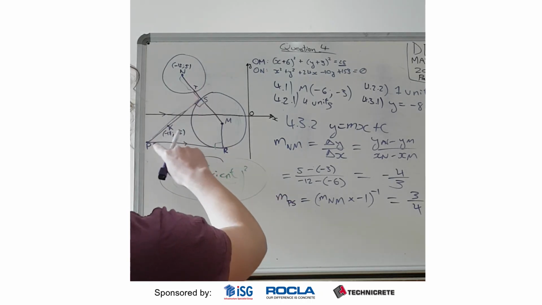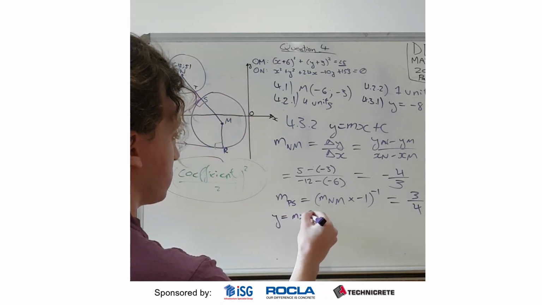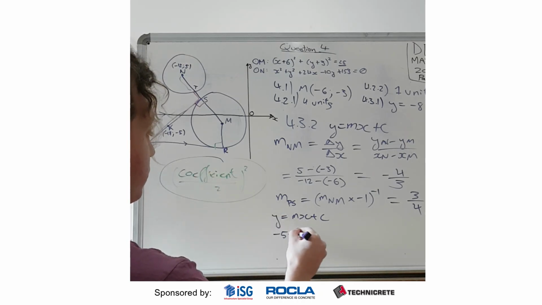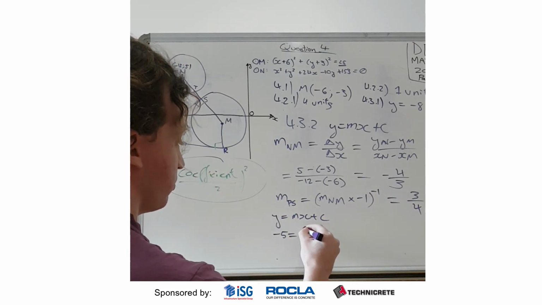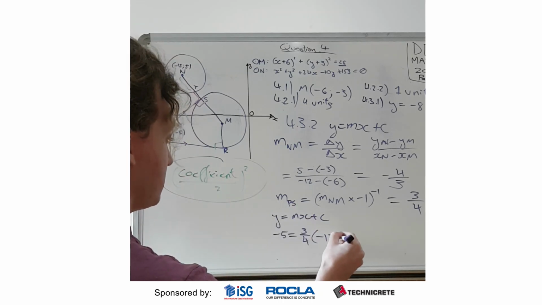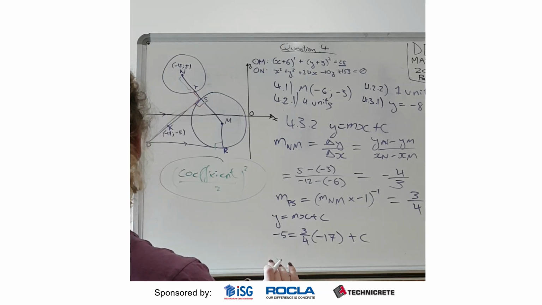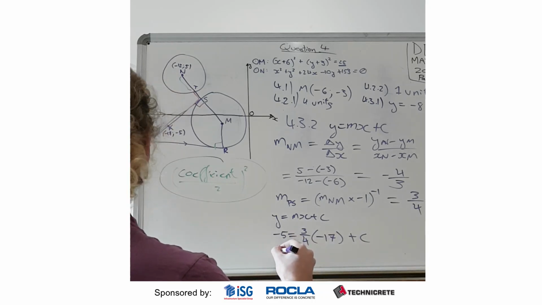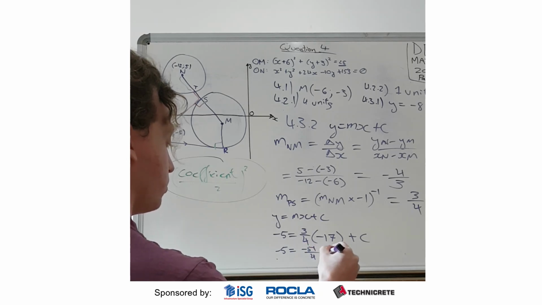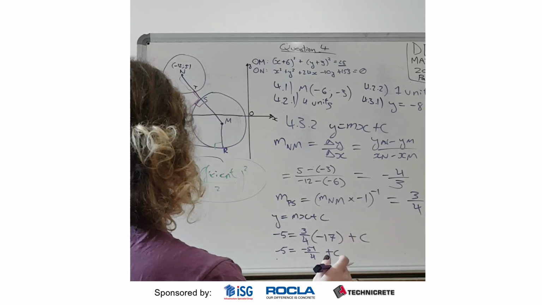Now, we have a point on this line. We have k. So y equals mx plus c. We can use k's y value, negative 5. We can use the gradient that we just calculated. We can use k's x value, negative 17, to find our constant. So that means negative 5 equals negative 51 over 4 plus c. And this is just a bit of algebra flipping.